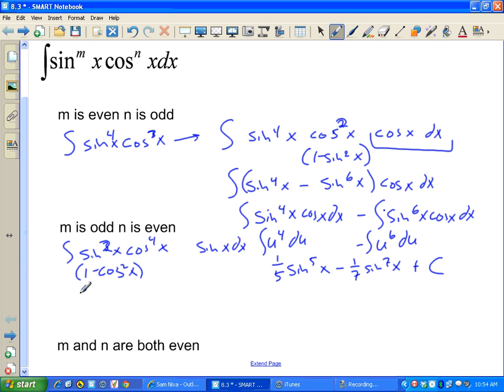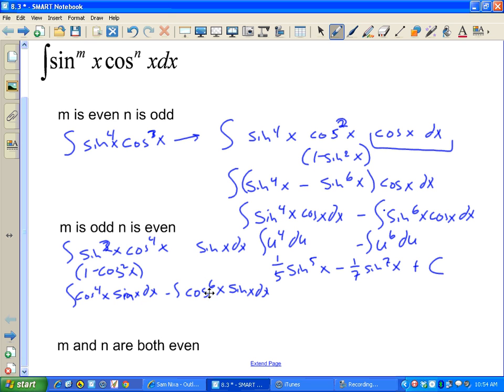Distribute this cosine in and the sine, and then I'd have minus cosine to the sixth x sine x dx.